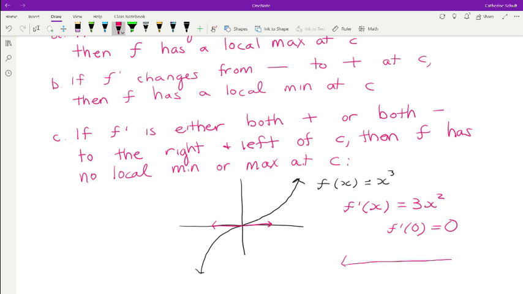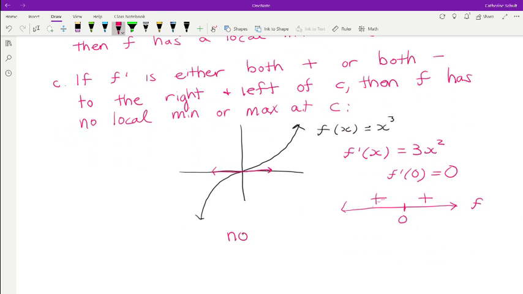If we plug in a number to the left of 0 into our derivative, it's going to be positive. If we plug in a number to the right, it's positive because 3x squared is always positive. So there's no sign change to the right and left of c, and so we can see that's not a local min or local max. So no local extrema at c equals 0.